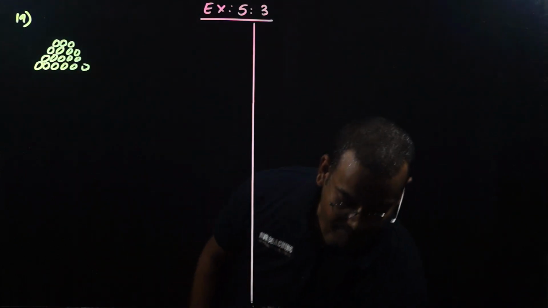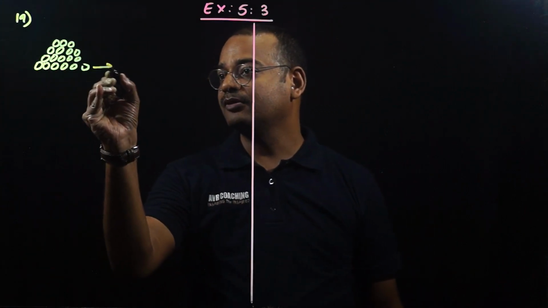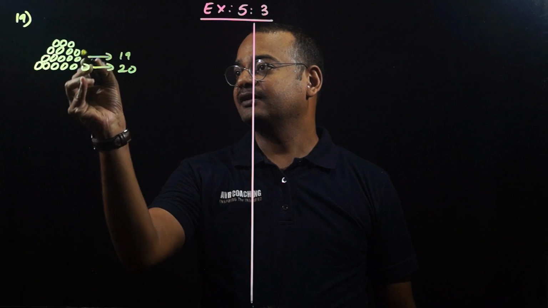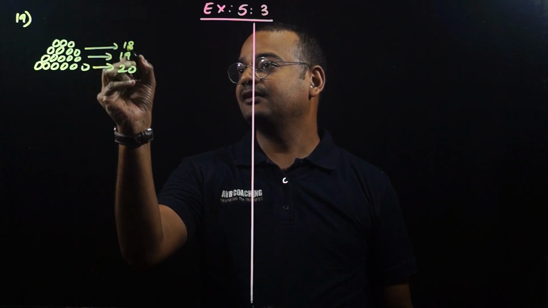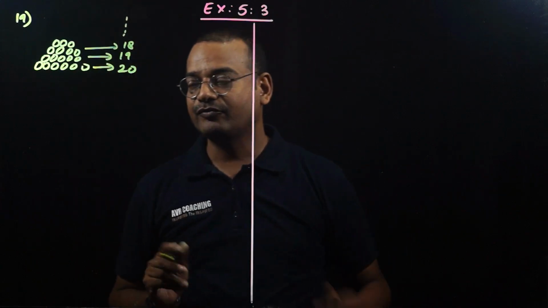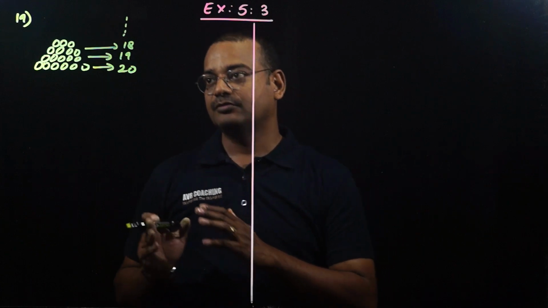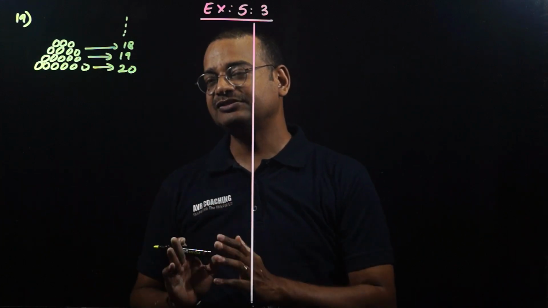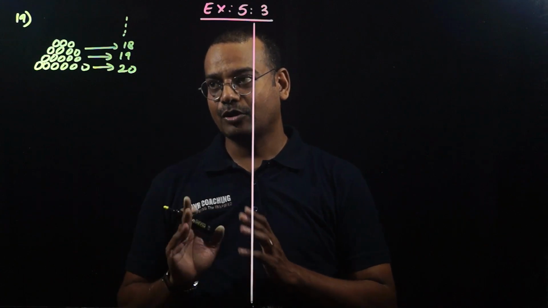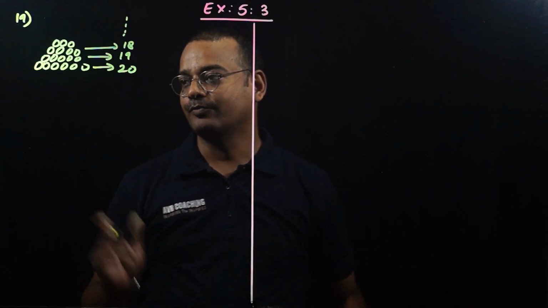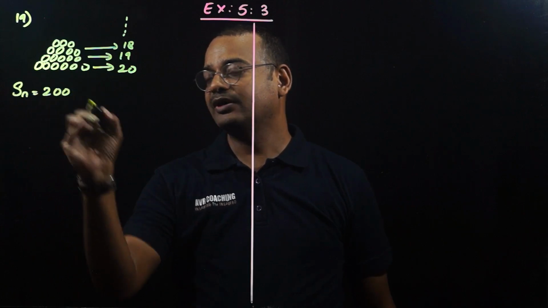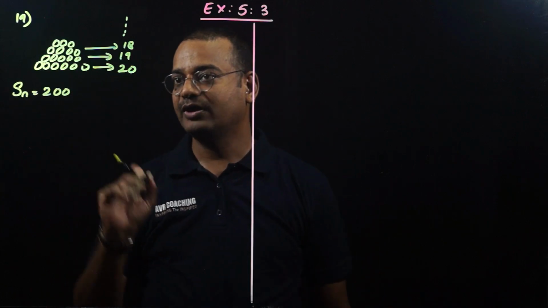So the problem says the bottom will have 20 logs, next 19, next 18, and so on. We have to find in how many rows 200 logs can be arranged and how many logs will be there in the first row. So we have Sn equal to 200 because there are total 200 logs.